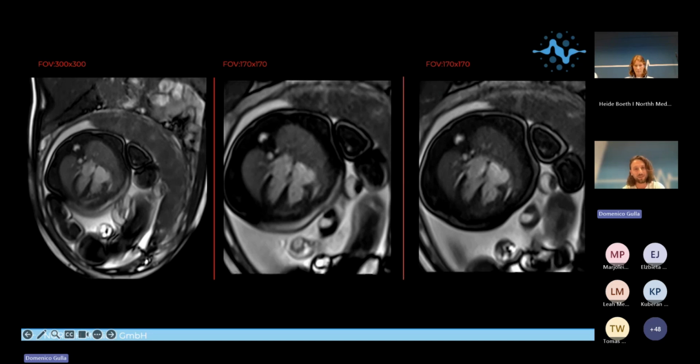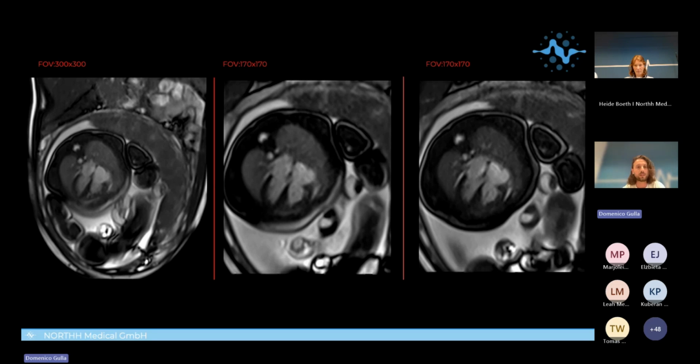On the left side you can see the same patient, the same sequence, just 3 different versions. The first one is with the normal field of view that we are used to scanning, around 300, or between 250 and 300.